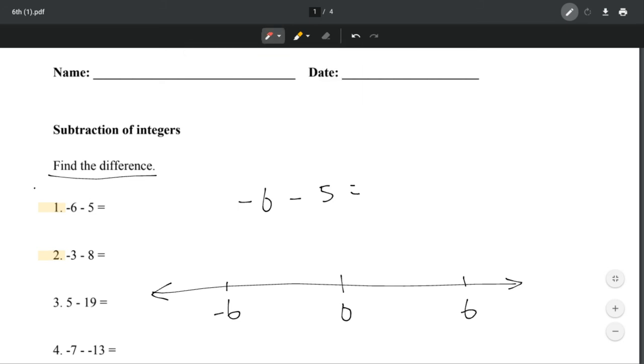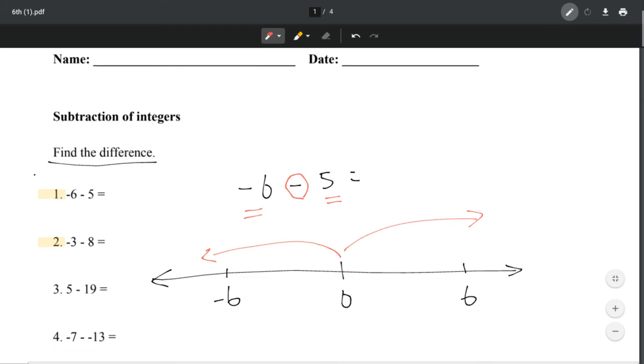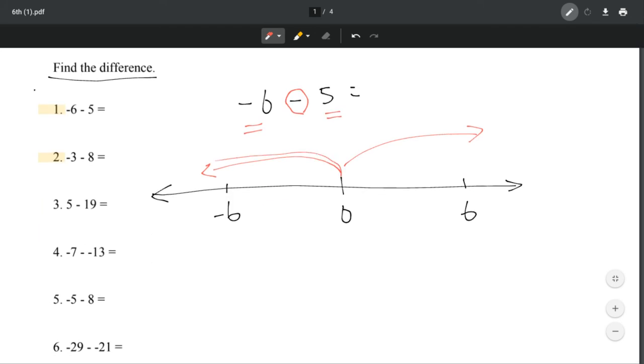Okay? And then now we got to determine if we have to move to the left or to the right, okay? And because we know that we're subtracting 5 from -6, right, we know that we're going to have to move to the left.